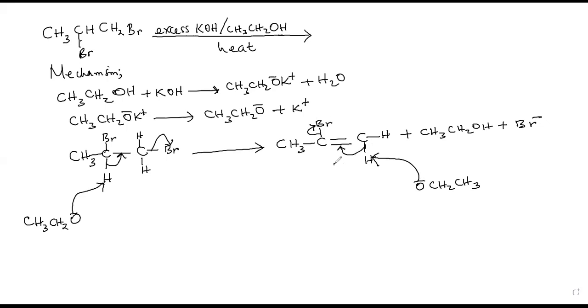So when you do this, you're going to have your final product, CH3, C, then a triple bond has been created, then C, then H, plus, this one picked hydrogen, so we shall form ethanol.